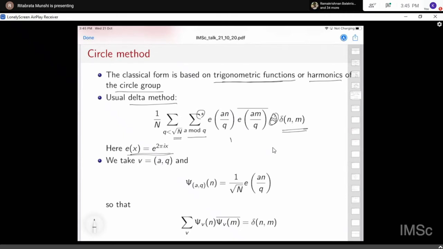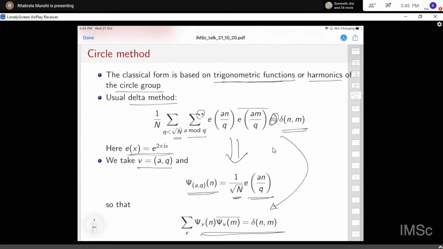And so this basically implies that I can pick my v to be this pair a and q, where q is ranging up to square root of n, and a is running modulo q, with a coprime to q. That's my collection of basis vectors. For each basis vector, it is given by 1 over square root of n, that's the general normalization, times e of a n over q. And this formula is basically saying this is an orthonormal basis.